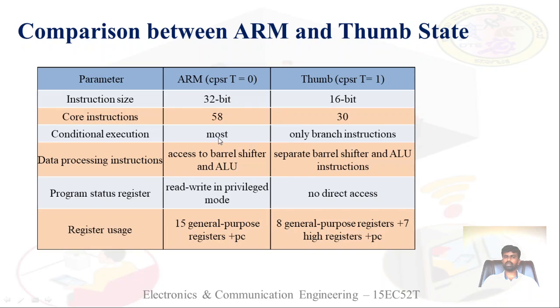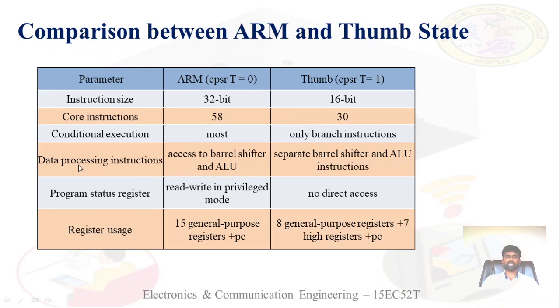What is conditional execution? Each instruction can execute based on a certain condition. But in Thumb state, only branch instructions have conditional execution. This conditional execution is one of the important features of the ARM processor.